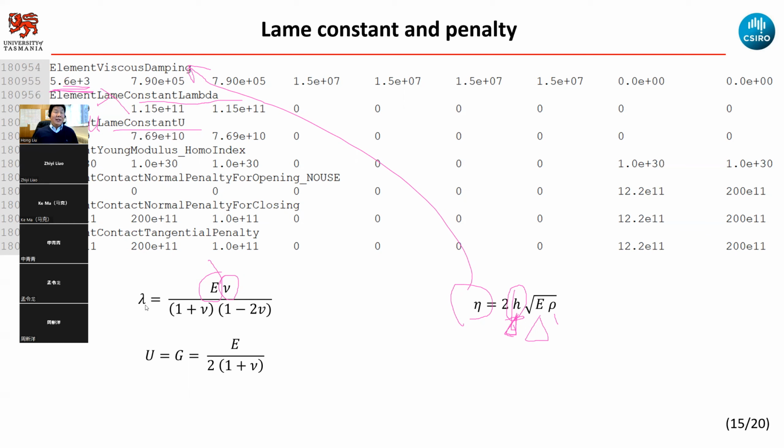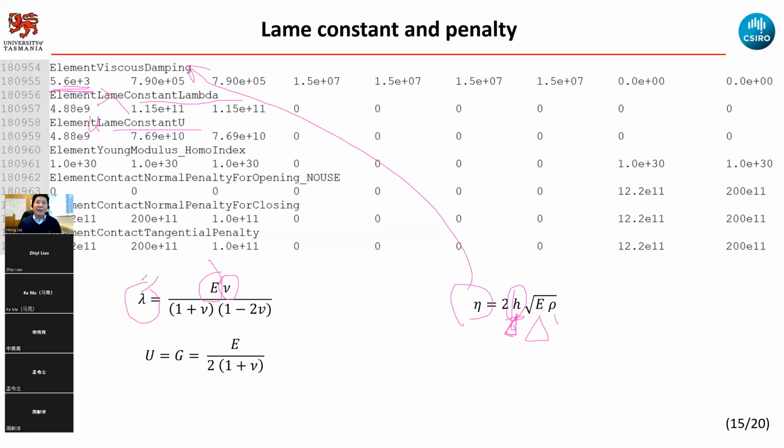So according to elasticity, we have this formula: the elastic modulus multiplied by the Poisson's ratio, divided by one plus the Poisson's ratio, then multiplied by one minus two times the Poisson's ratio. Then you can calculate the lambda. So this lambda is the input parameter that we use here.